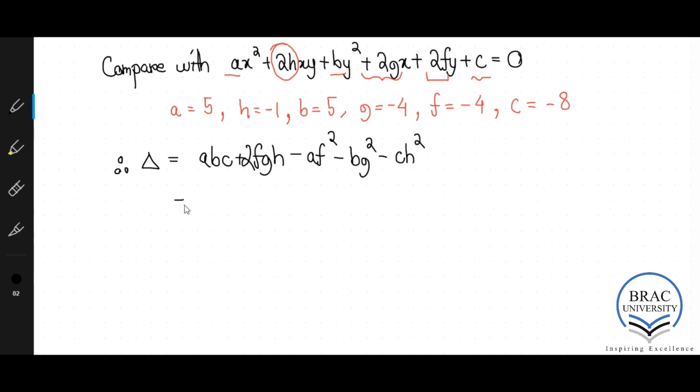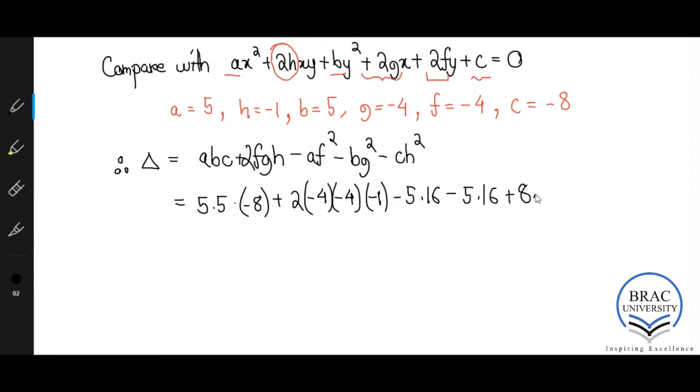Now, if we calculate this out, we would have 5 multiplied by 5 multiplied by -8 plus 2 times f which is -4, g which is -4 again, h is -1, and you can go ahead and do the whole calculation, plus 8 into 1, and this gives us -384, which is not equal to 0.